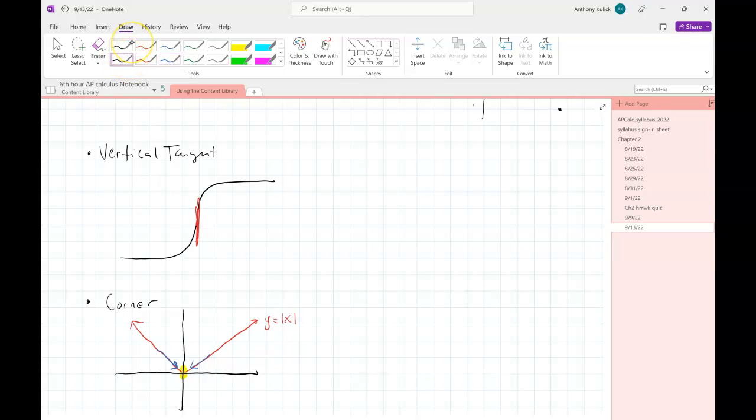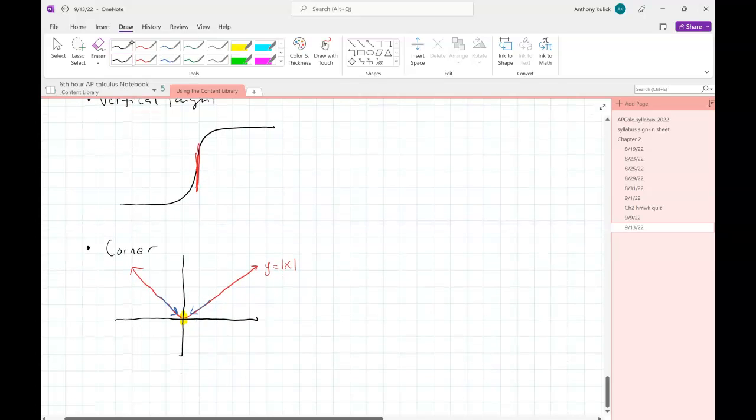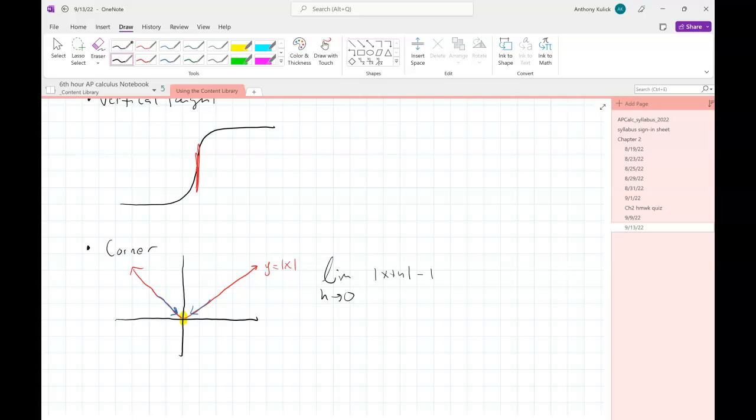So to just spell that out a little bit, let's look at this. So the limit as h approaches 0 of the absolute value of x, and then let's look at the right-hand limit.